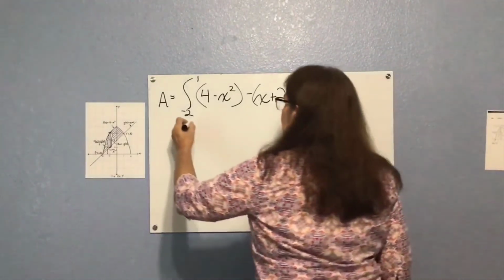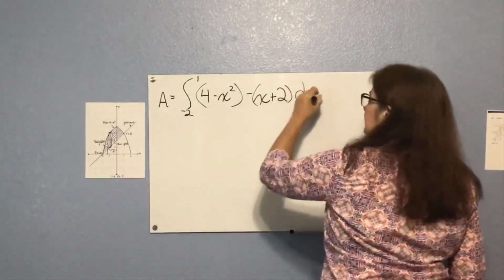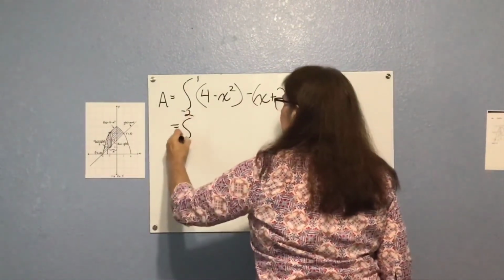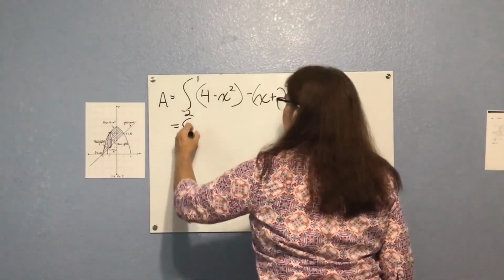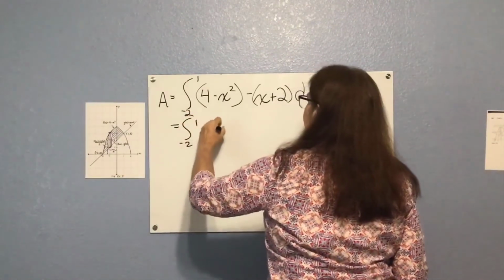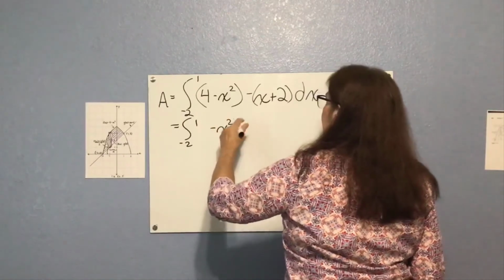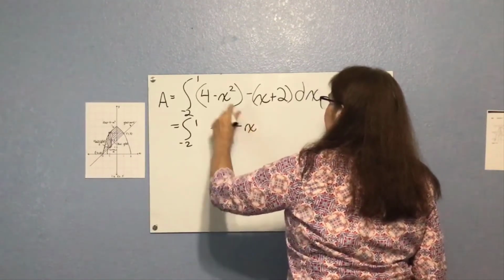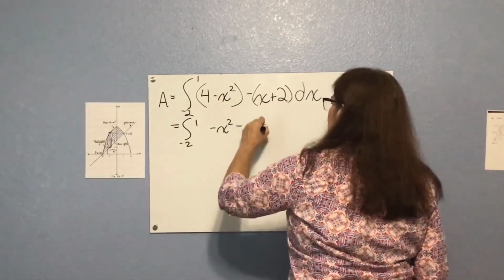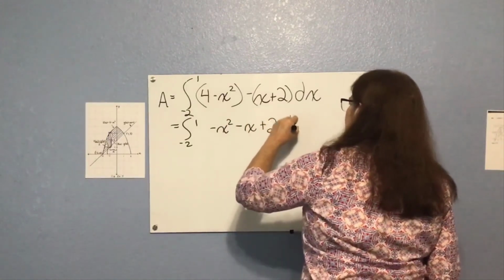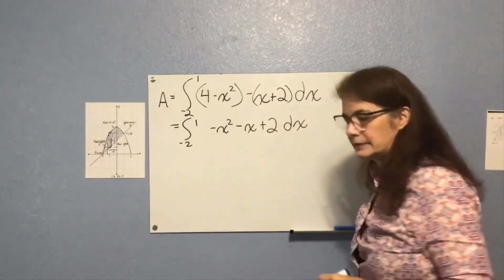Okay. Simplifying this, I have negative x squared minus x, and then I have 4 minus 2, so plus 2 dx.